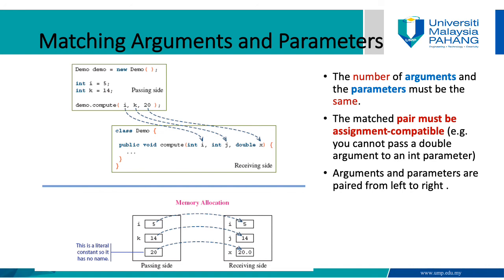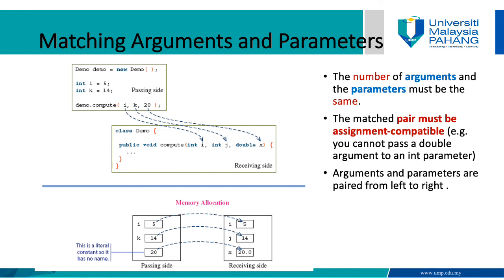No, you can't. If you want your argument to be a number, you have to define integer in your parameter. If you want your argument to be text, you have to define string in your parameter. So it must always be compatible with each other. You have to ensure that.